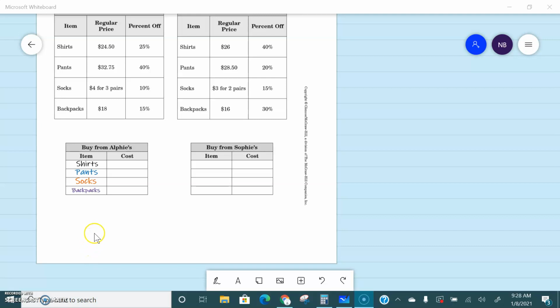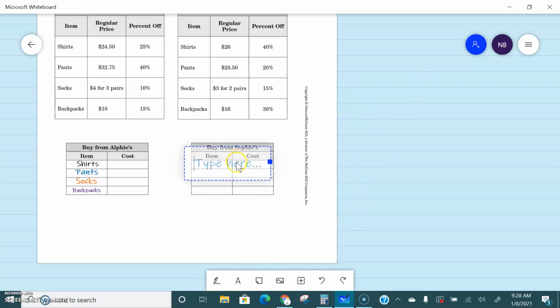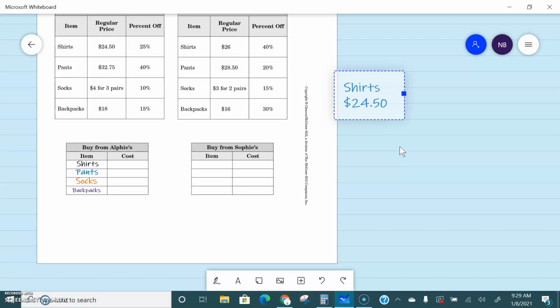Okay, so I've made my list here for each item. I've got shirts, pants, socks, and backpacks. Let's start with shirts. Shirts are $24.50, and we're going to multiply that times the percent, which is 25%.